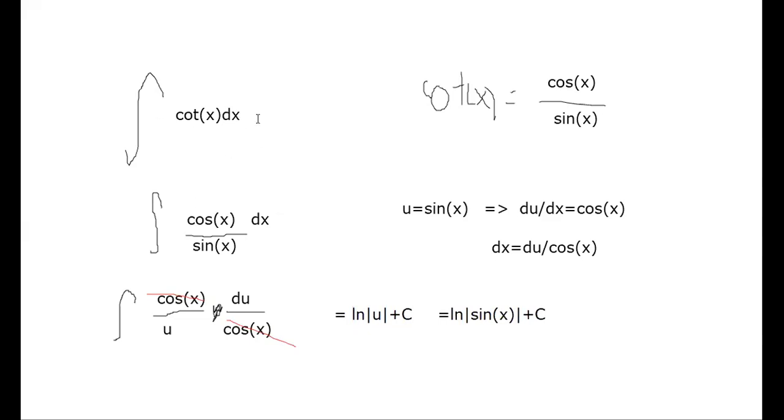So it turns out the integral of cotangent is ln of sine of x, or ln of the absolute value of sine of x. Pretty interesting is that this also gives us one of the trig integrals that we're missing. It gives us tangent.